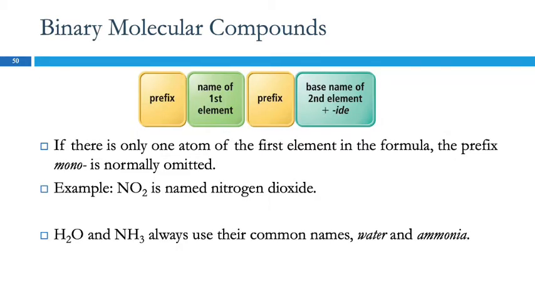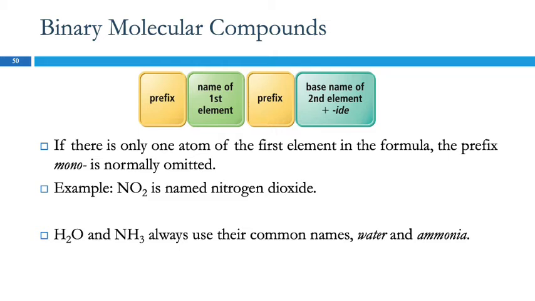So the names here follow this pattern. We use a prefix attached to the name of the first element, and then there's a space, and a prefix attached to the name of the second element. But like with monatomic ions, the second element changes the ending of its name to "ide." It's not an ion, but it has that alteration when it becomes part of a compound.